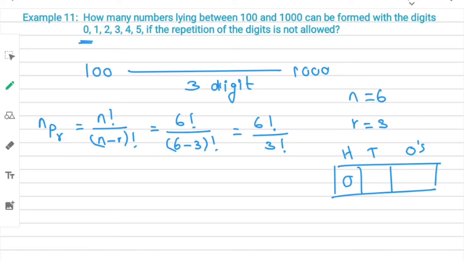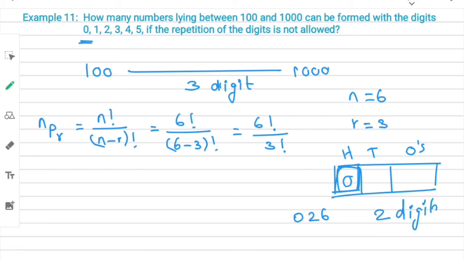But if 0 is placed in the 100's place, then it will become a 2-digit number. For example, 026. This is a 2-digit number, 26, right? So this type of number should be removed from all the possible ways.